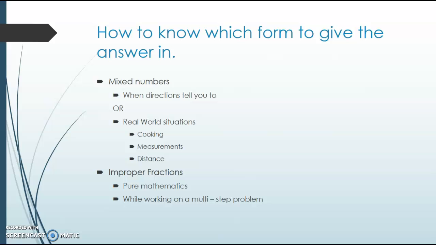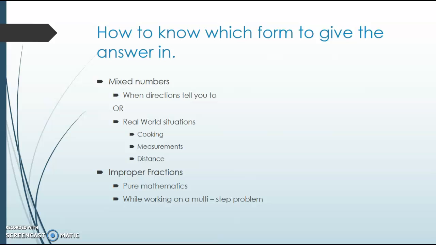When I was in upper math classes, most of our answers just needed to be improper fractions. So we're going to leave it improper if we're just working pure mathematics. When we get to our next section, I'm happy with just improper fractions on your exit tickets. It's pure math, so it can just be left improper.